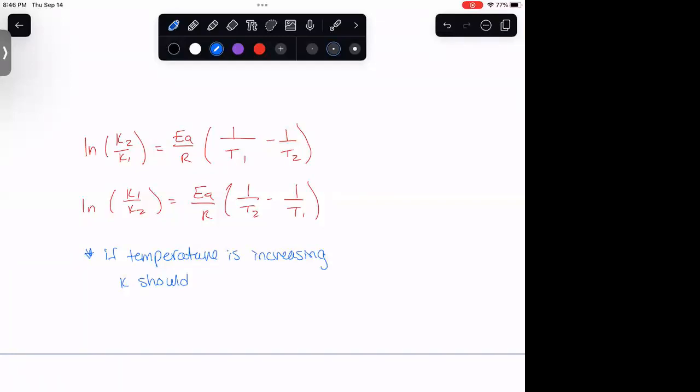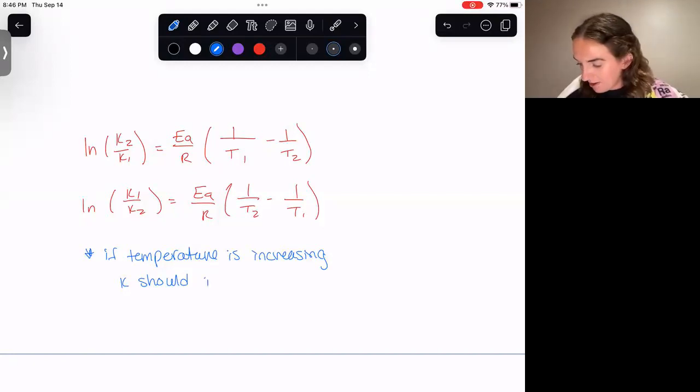Would it increase? It does. Yep. The more energy that your molecules have as temperature increases, the faster your rate of reaction will happen. And so if your rate is increasing, that means your rate constant has to be increasing. If temperature is increasing, K will always increase.